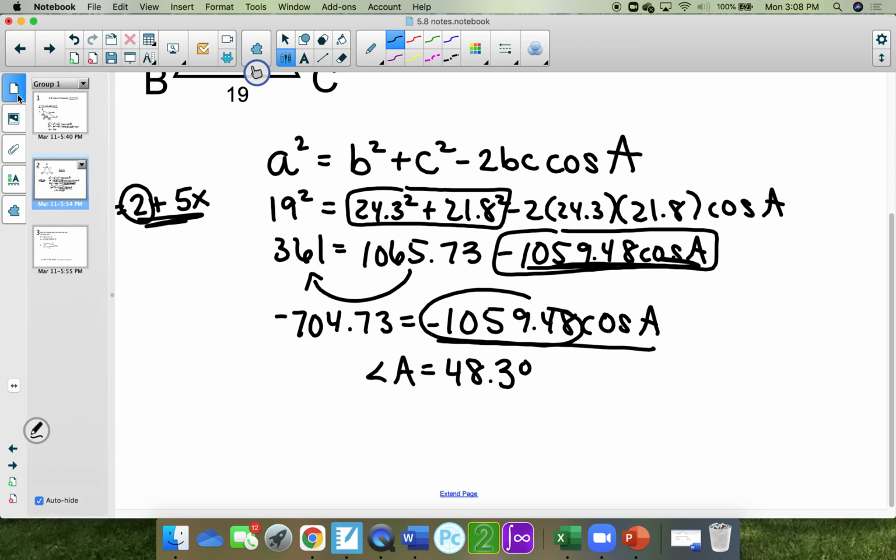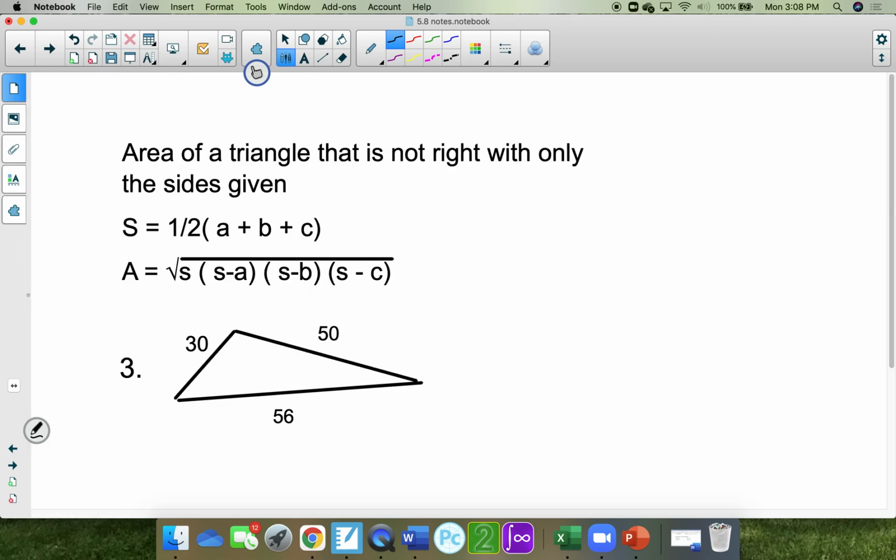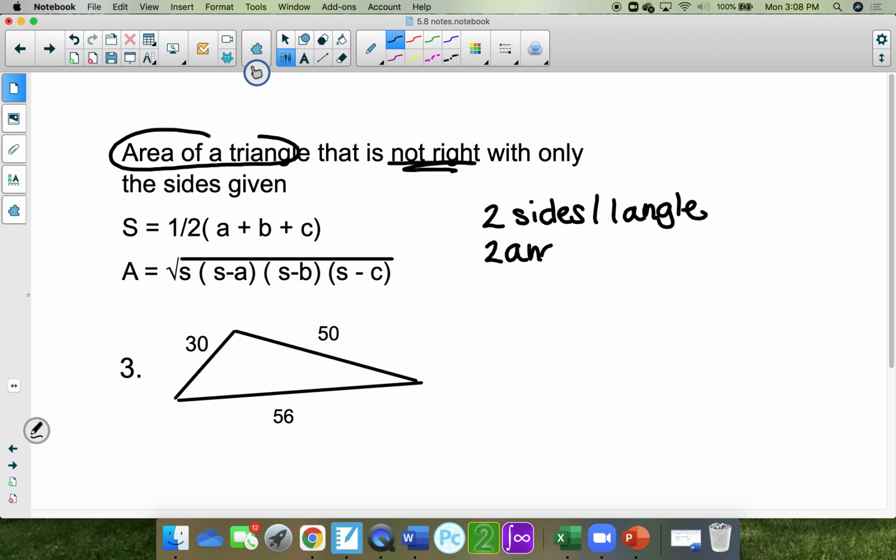And now, how do you find the area of a triangle that is not a right triangle and is only given 3 sides? Two sections ago, you learned how to find the area of a triangle that was not right. You were given 2 sides and 1 angle, or 2 angles and 1 side. Hopefully you remember that. But what happens if you're given 3 sides and it's not a right triangle?